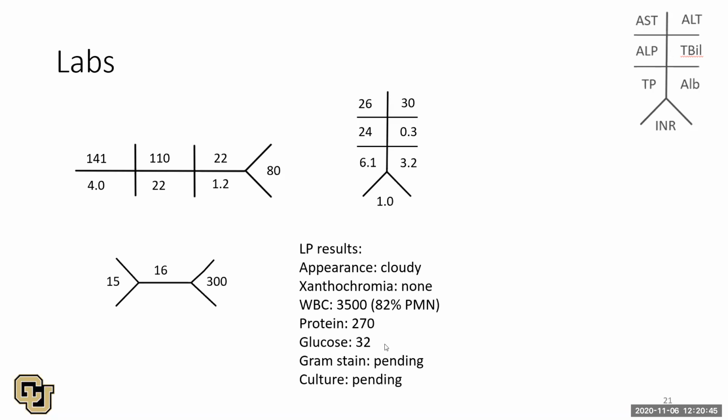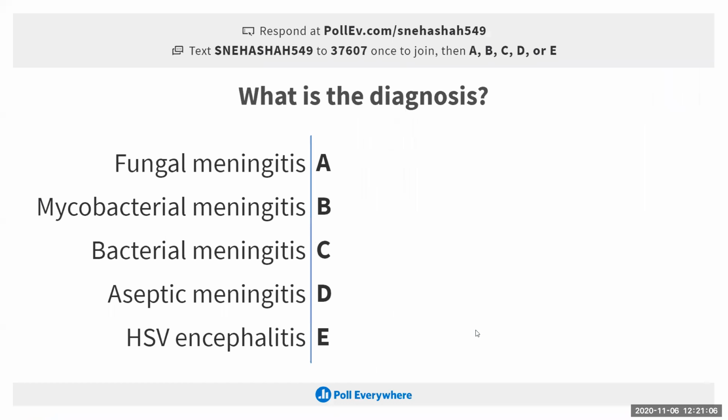Glucose should be 2/3 of the serum glucose. So this is low, even though his serum glucose is low as well. And obviously, gram stain and culture should be normal in a person. All right, so based on these LP results, what do you think is the diagnosis?